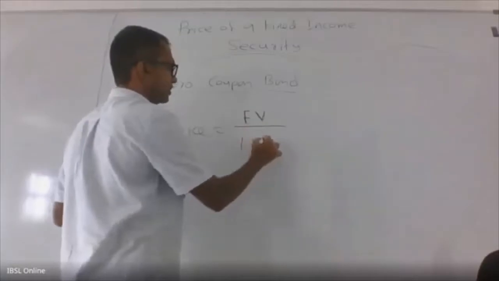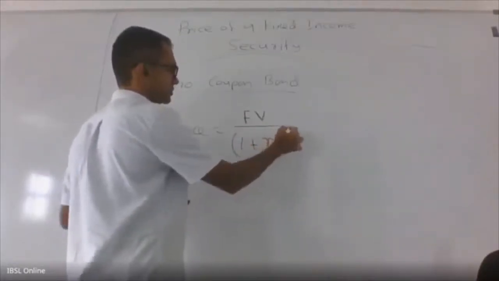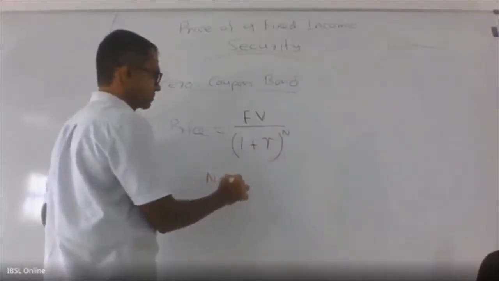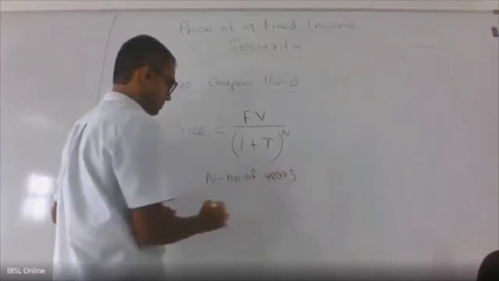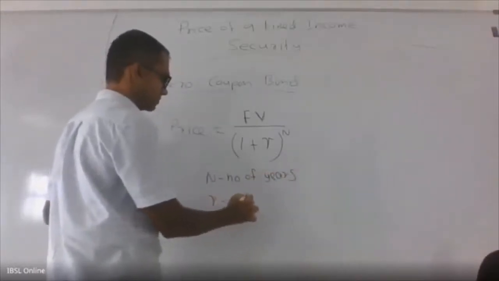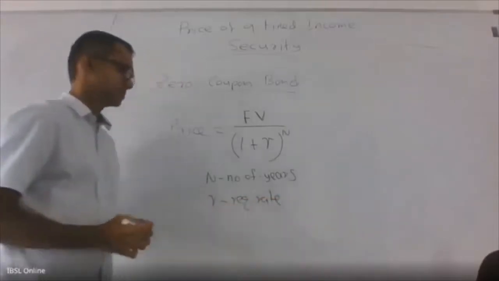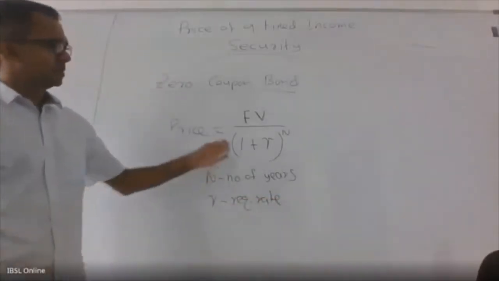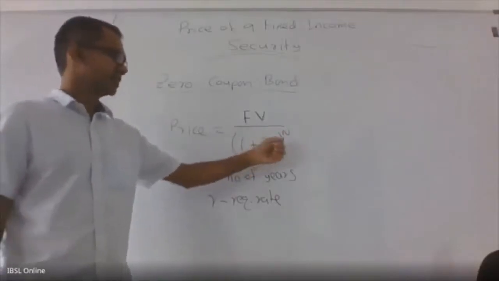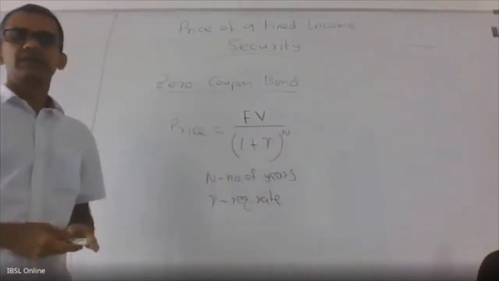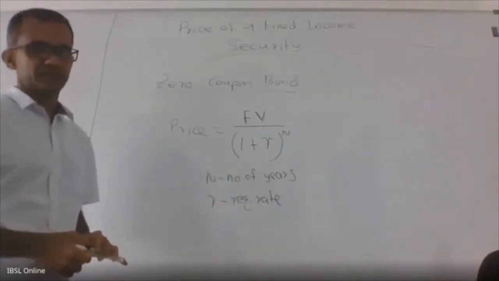To discount it by this factor, 1 plus r to the power n. N is the number of years, r is your required rate of return.